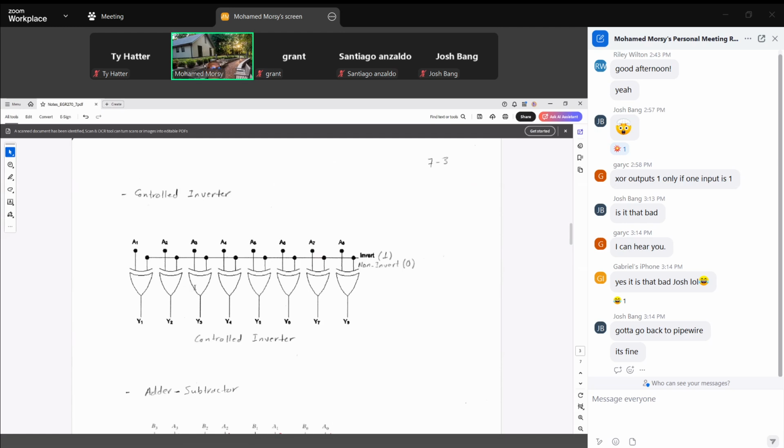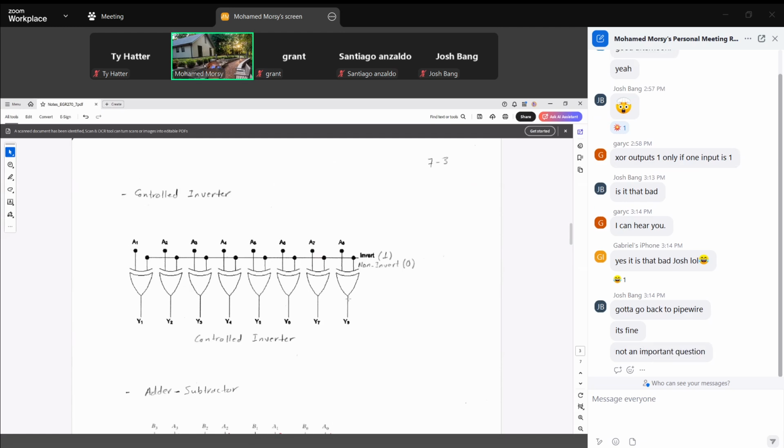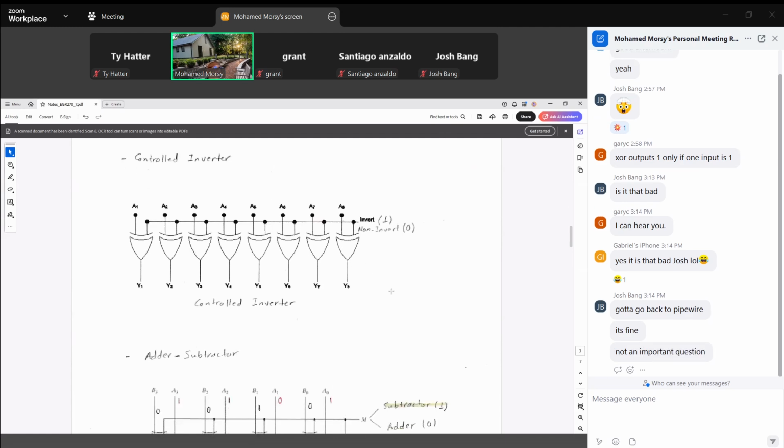A component based on this is called a controlled inverter. What is this controlled inverter? As you see, it is an exclusive OR with two inputs.